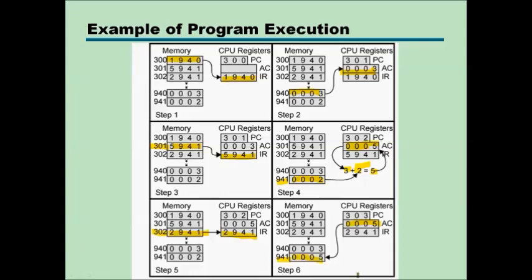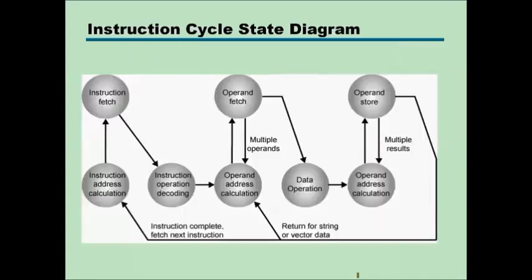So this is an example of program execution. Okay? So instruction cycle state diagram, we have a diagram here. So you have the instruction fetch. Next, you are going to do instruction operation decoding, operand address calculation. So fetch the operand.